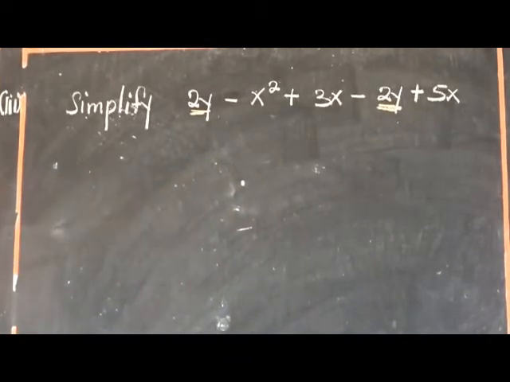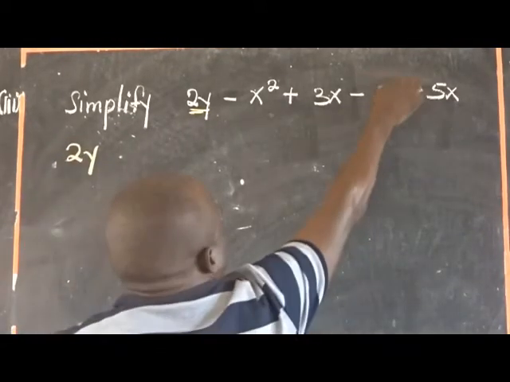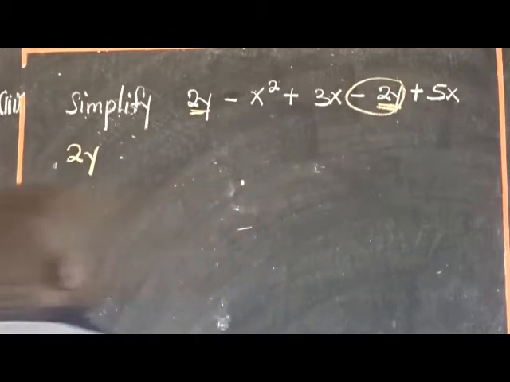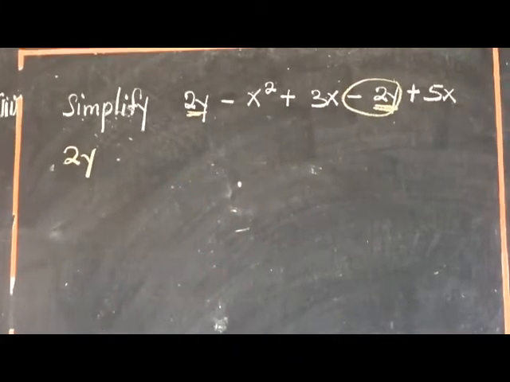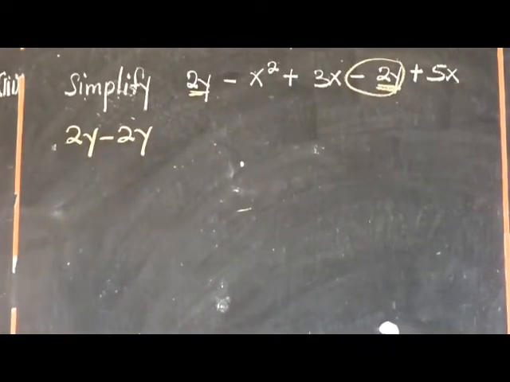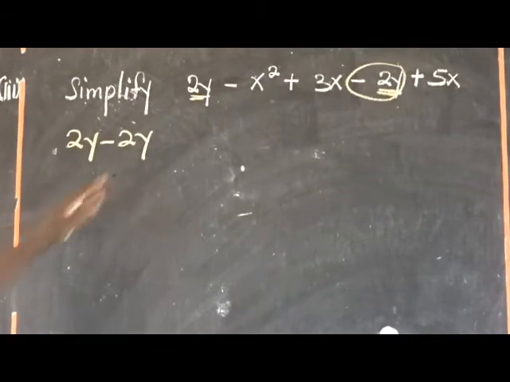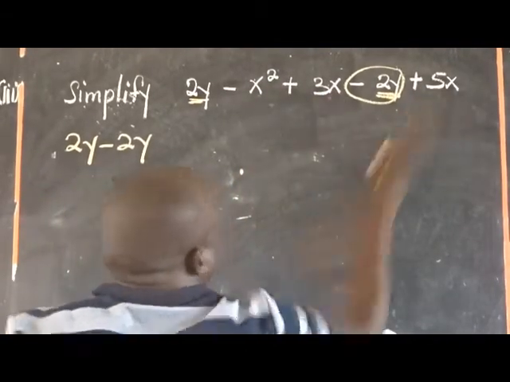Since they are similar, we can bring them together, and we begin with 2y. We have said every term retains its sign, which implies that the other 2y will come as negative. So we shall have 2y minus 2y. Then here we have x squared. This is 3x. This is 5x.